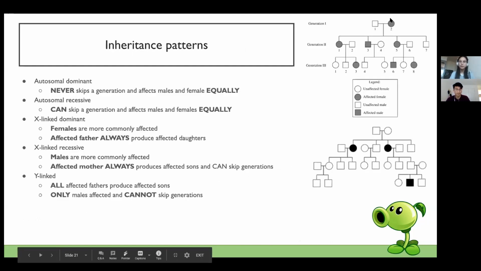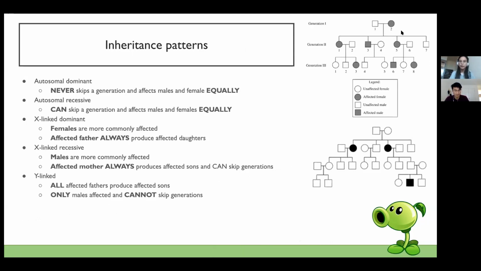So speaking of inheritance patterns, again, this is assuming a gene will only have 2 alleles. When you're looking at a pedigree, which you might be asked to do in the exam, to determine what the inheritance pattern is, there are going to be 2 factors that affect the inheritance patterns: whether it is transmitted on an autosomal chromosome or a sex chromosome, and whether it is a dominant allele or a recessive allele.